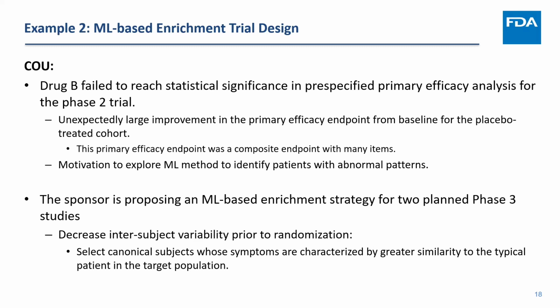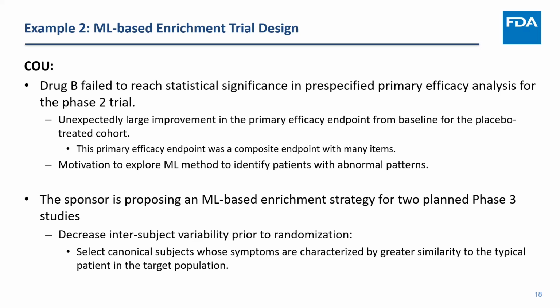A drug B failed to reach statistical significance in the phase 2 study, and they did some exploration. They found an unexpected large improvement in the primary efficacy endpoint for the placebo arm. That means in this study, they observed a strong placebo effect. So they're wondering if they can explore a machine learning algorithm to identify patients with abnormal patterns.